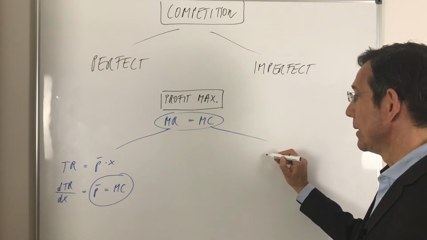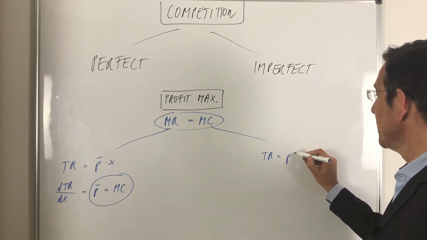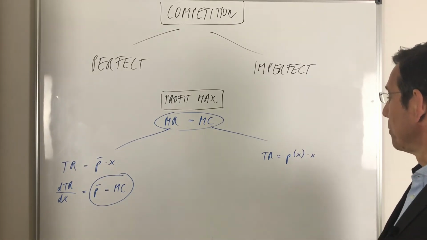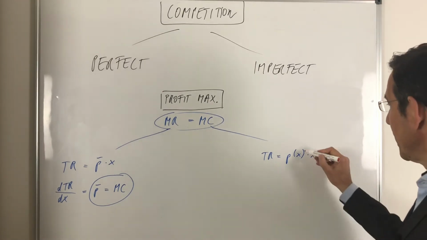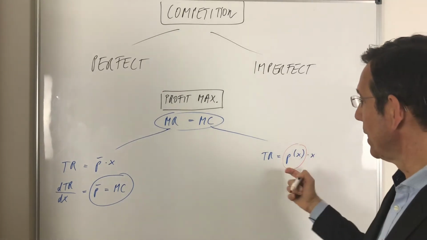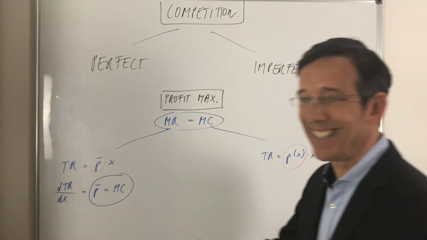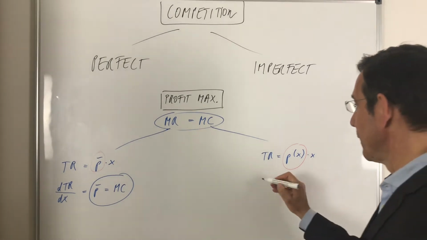Well, here it's different because the total revenue is dependent on price times quantity. However, and that's the main difference, the price can be influenced by the monopolist in imperfect competition, where here it cannot. This now changes the derivation.